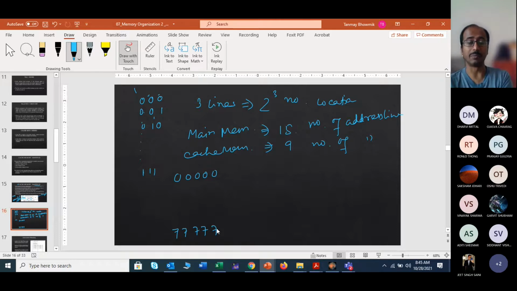So 5 sevens means 5 into 3, total 15 bits. Same thing, right? So this was your main memory's bit pattern. Now if you similarly consider the cache memory, it will vary from 0000 to 777. So it will be the cache memory bit pattern.